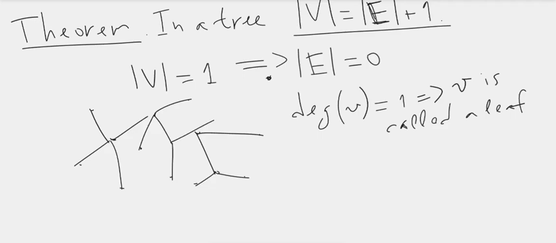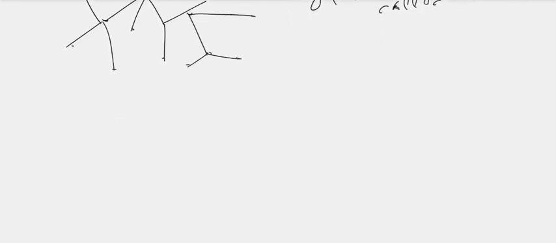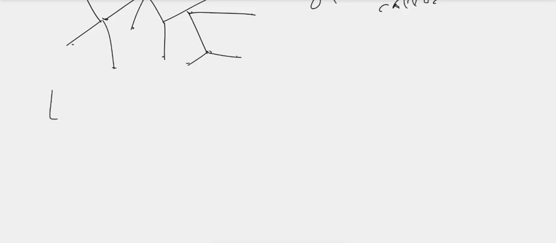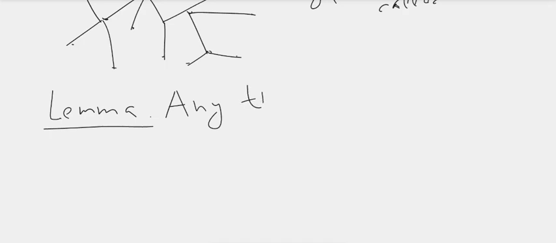We can write it as a lemma: any tree has a leaf. So why is that? Let's suppose that this is not true. We're going to prove it by contradiction.